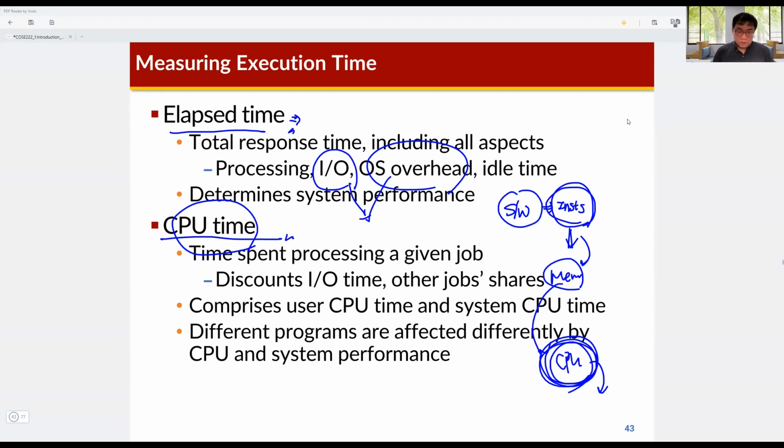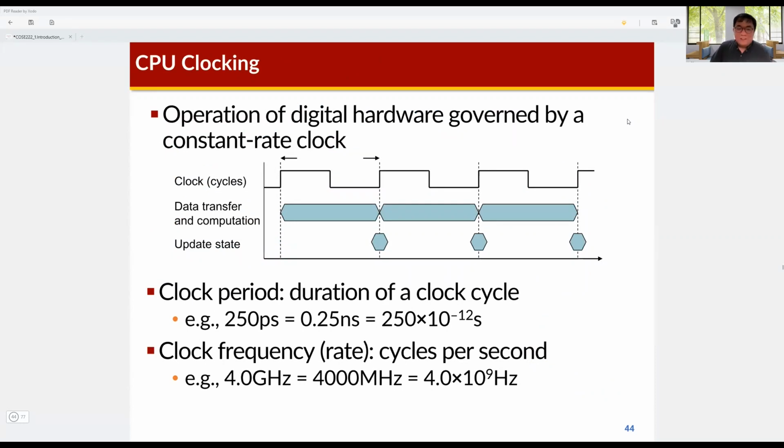So we just focus on the CPU time for this course. It will make our problem simpler. Okay.